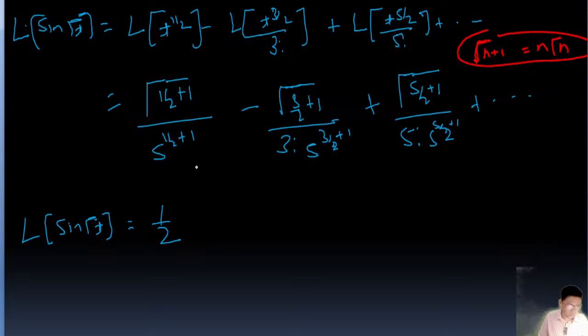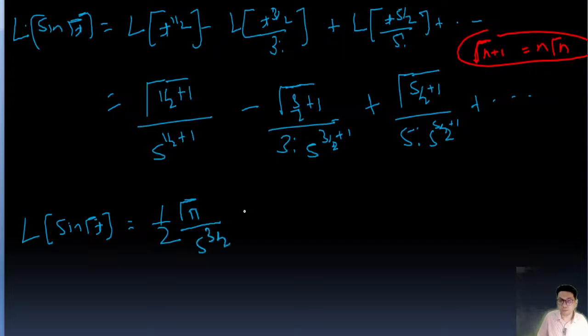So this is going to be 1 by 2 gamma 1 by 2. Gamma 1 by 2 value is root pi, right? So this is going to be 1 by 2 root pi upon s to the power 3 by 2.